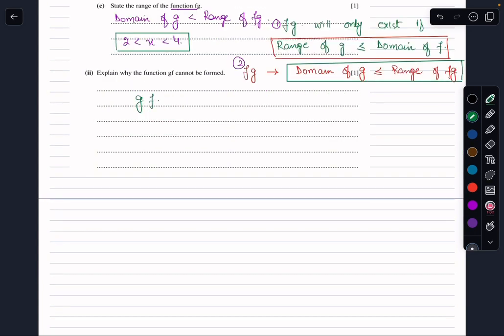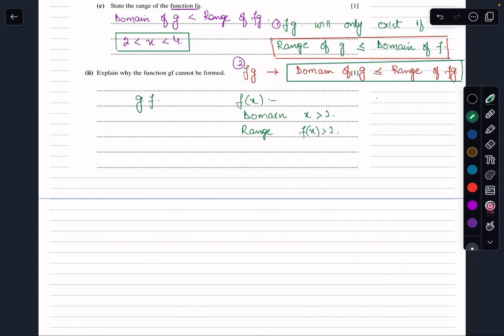Explain why the function gf cannot be formed. Let's get the domain and range of the function f of x. For f of x, we said that the domain was x greater than 2, and the range that we found for f of x also said that f of x needs to be greater than 2.